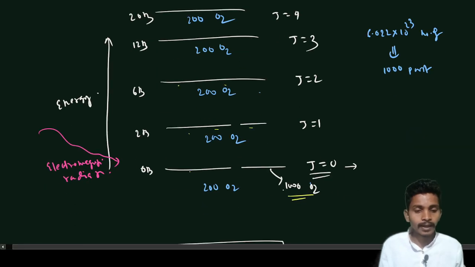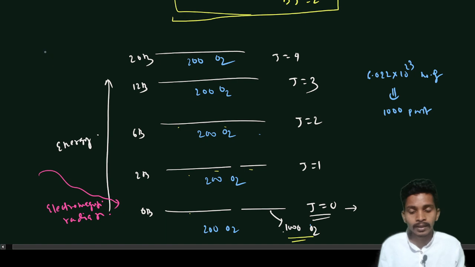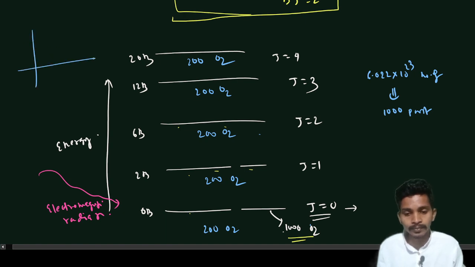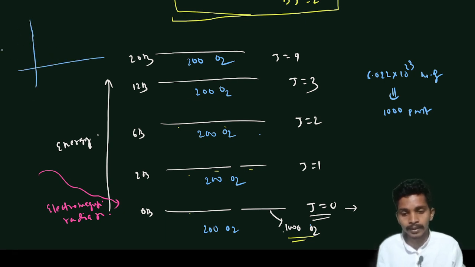If that happens, then when we see the observed spectrum, with intensity on the axis and lines at 2B, 4B, 6B, 8B, 10B, everyone should have equal intensity, because intensity is the number of populations.